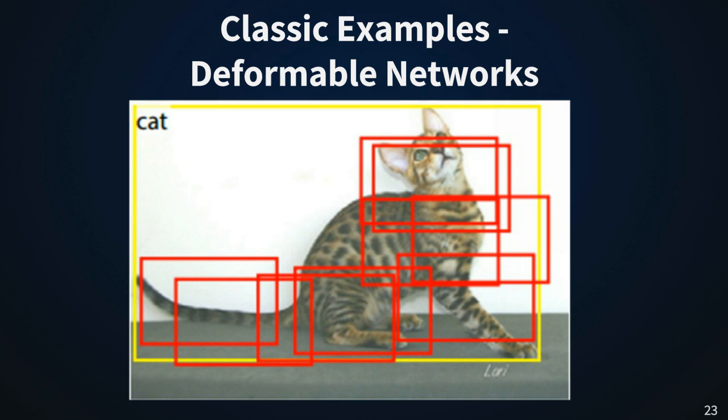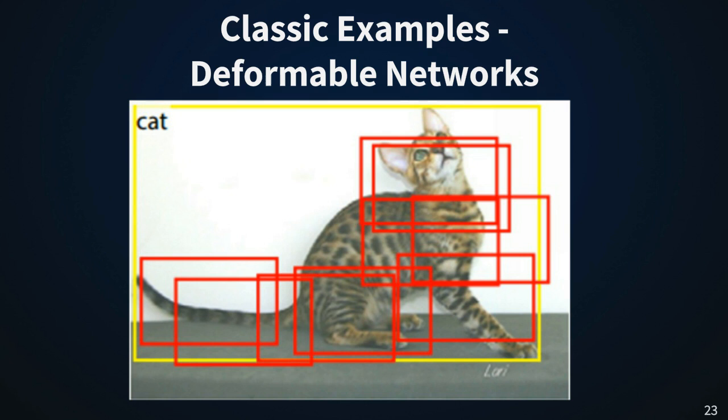And the solution that Microsoft Research proposed is we have this bounding rectangle that the first stage of the algorithm gave us. And now before the algorithm makes the final decision, the final classification, we have a sub-component of our neural network that takes this rectangle and generates 9 other rectangles.